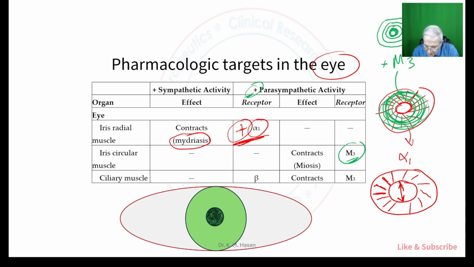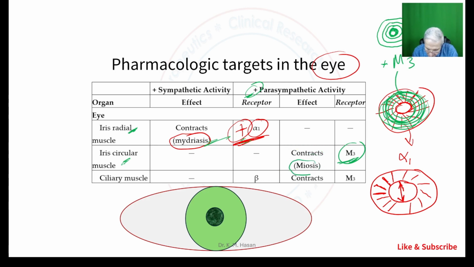If you compare this one here, we call this one meiosis. So now we have two cases. If you activate alpha 1 receptor in the eye, which innervates radial muscles, the result will be mydriasis. However, if you activate muscarinic receptor on the circular muscle, the result will be contraction of the pupil and lead to the meiosis.